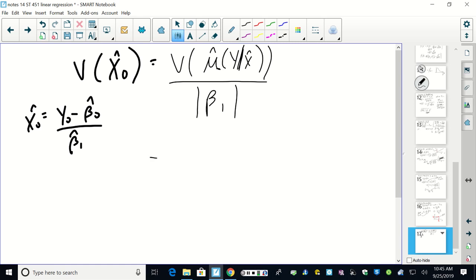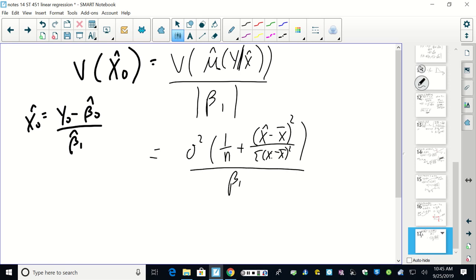So this one again was sigma squared times 1 over n plus x hat minus x bar squared over the sum of the xi minus x bar squared, all over beta 1 in absolute value. To estimate that, you plug in the sigma hat and the beta 1 hat.